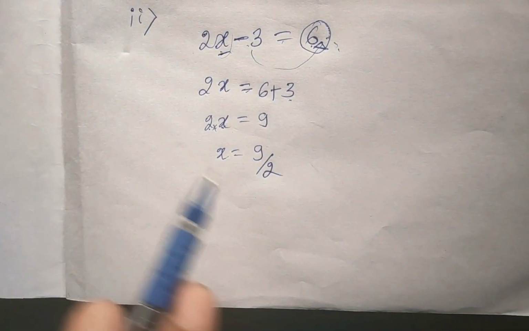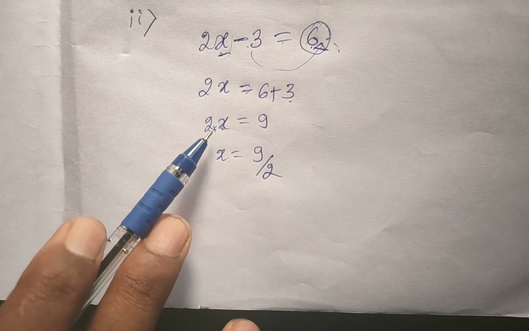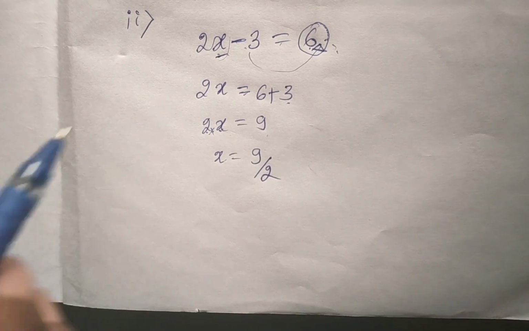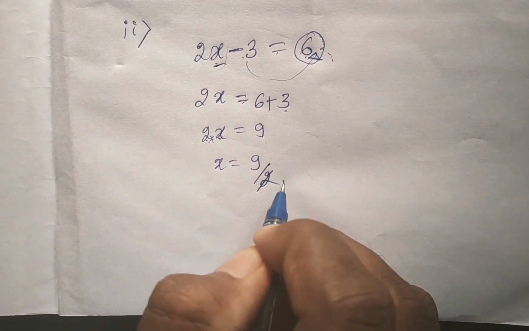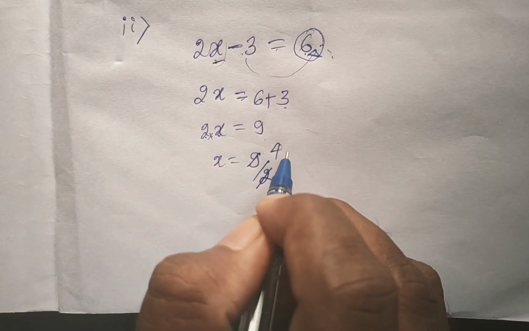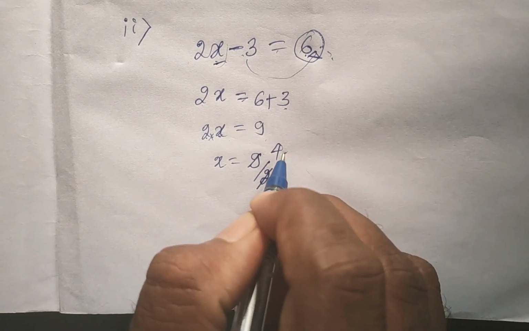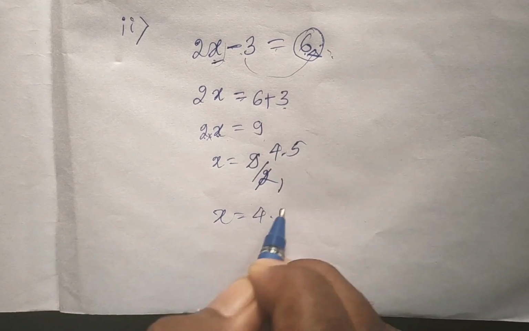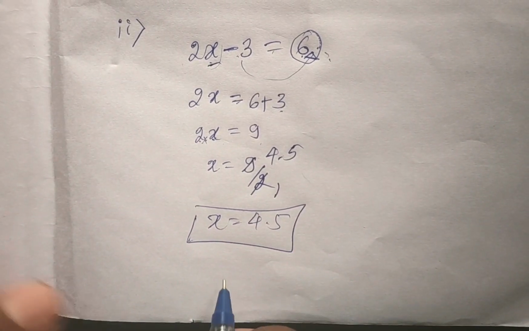You have to remember multiplication is converted into division. So x is equal to 4.5, or else you can keep it as it is, x is equal to 9 upon 2.